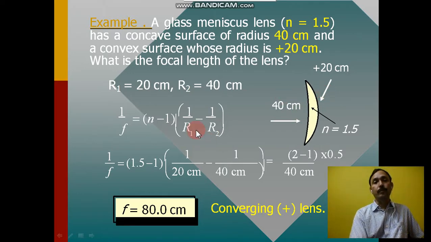So if we put these values, n is equal to 1.5, 1 by f equals (1.5 minus 1) into (1 by 20 minus 1 by 40). So this one is 2 minus 1 into 0.5 by 40. So f becomes 80 cm and it is positive. So it is a converging lens.